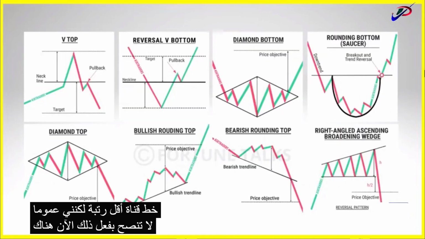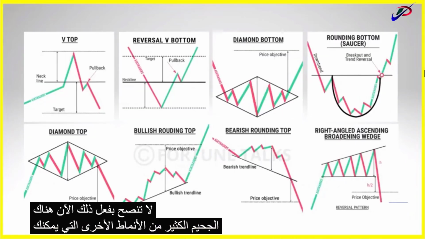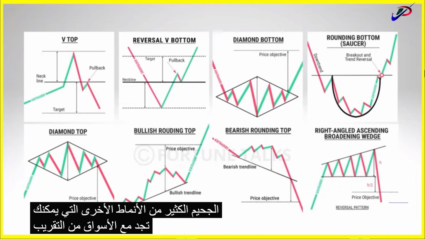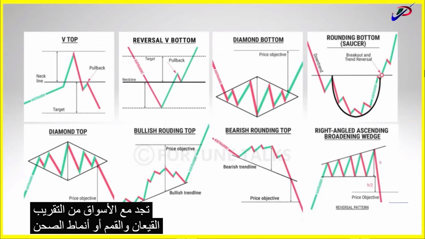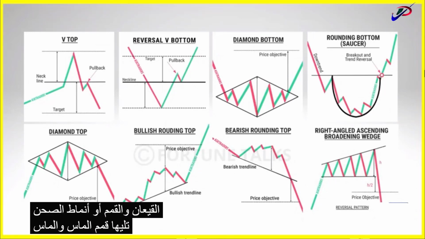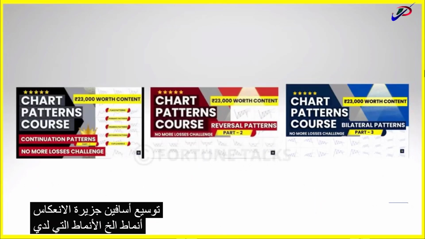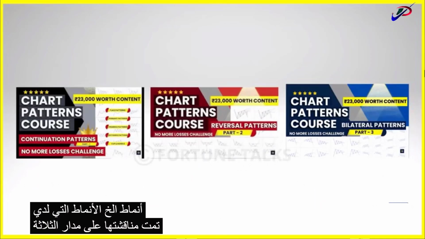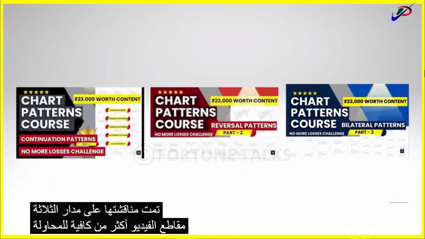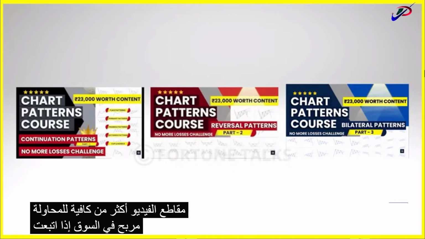Now, there are a whole lot of other patterns that you can find in the markets, from rounding bottoms and tops or saucer patterns, followed by diamond tops and diamond bottoms, V tops, V bottoms, broadening wedges, island reversal patterns, etc. The patterns that I have discussed over the course of 3 videos are more than sufficient to trade profitably in the market if you follow them correctly.